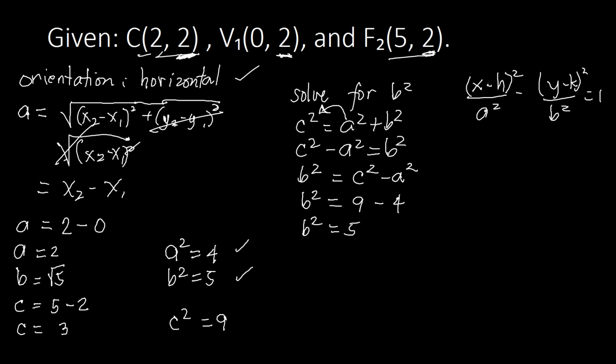Plugging in, from the center we have h and k. So we have x minus 2 squared over our a squared, which is 4, minus y minus 2 squared over b squared, which is 5, equal to 1. So this is now the standard equation of our hyperbola.